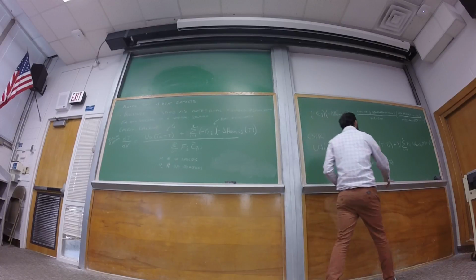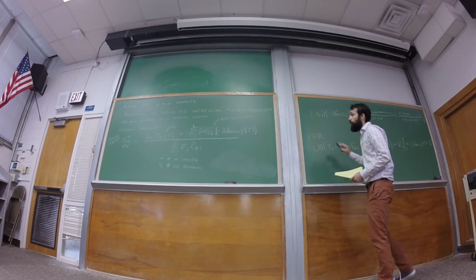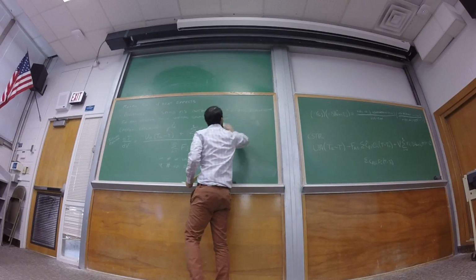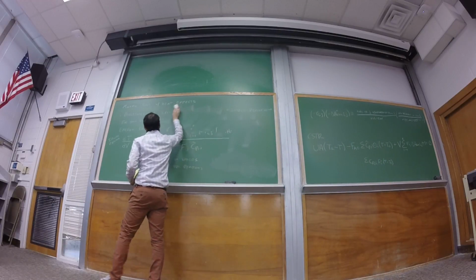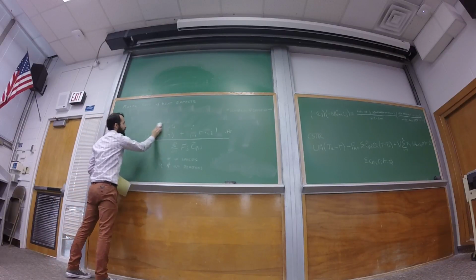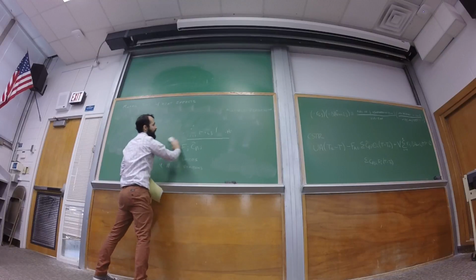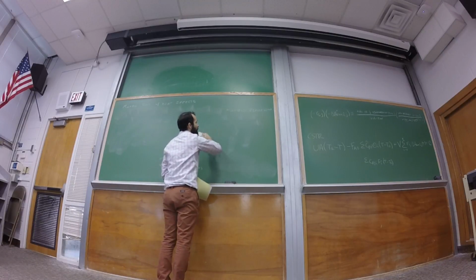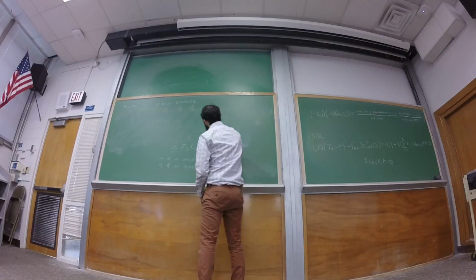Okay, so let's do an example for a CSTR. And this will be a little bit of review of how we handle multiple reactions for isothermal reactions too.